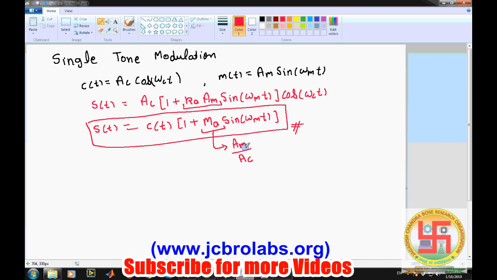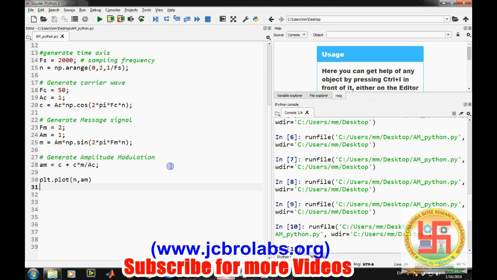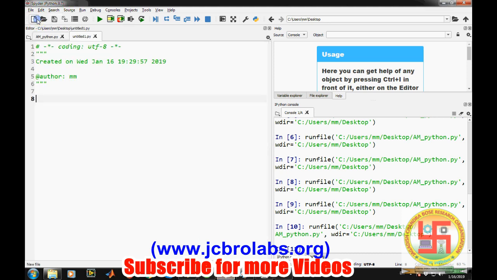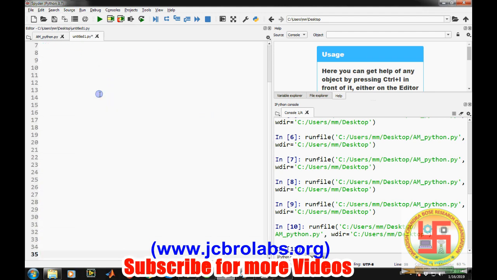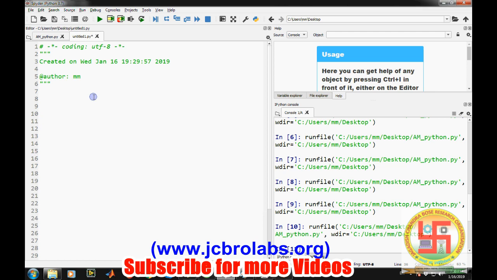Okay, so let's switch to Python and write the code for this. As you know, we are using the Anaconda distribution of Python, and from Anaconda we are using the Spyder IDE because it is kind of similar to Matlab.